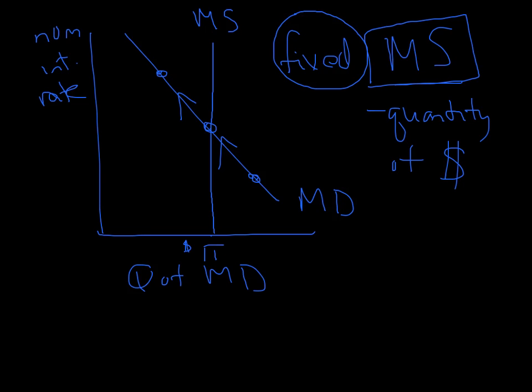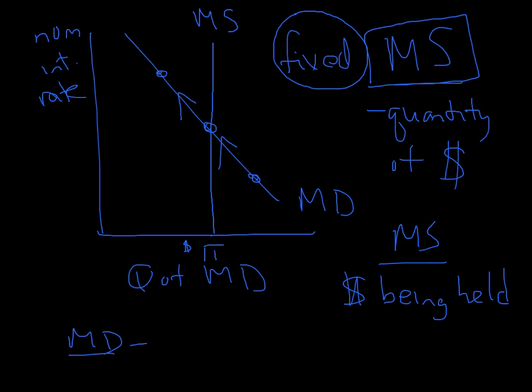Once again, the money supply is the quantity of money that's being held. So I want you to think, the money supply is the money that's being held. Somebody's holding on to that money. The money demand is the amount of money that people want to have outside of the bank.